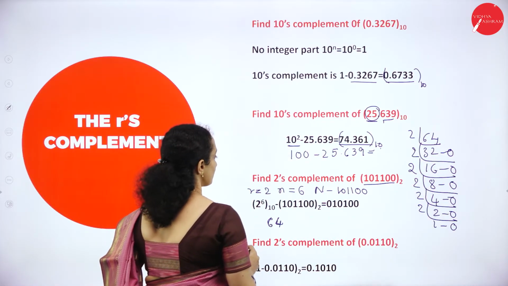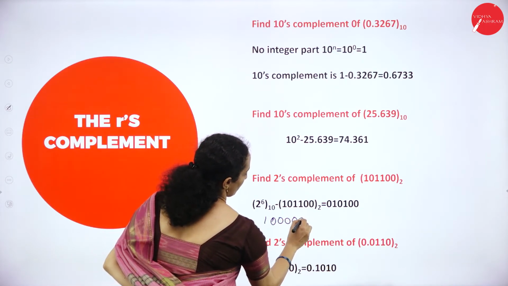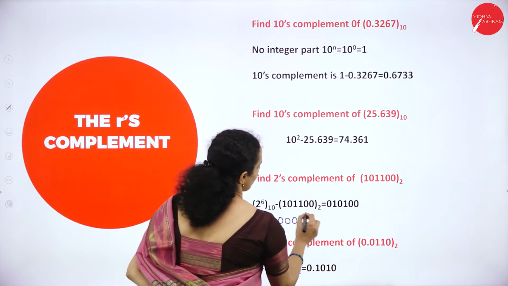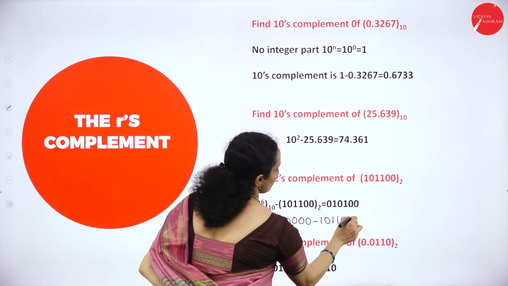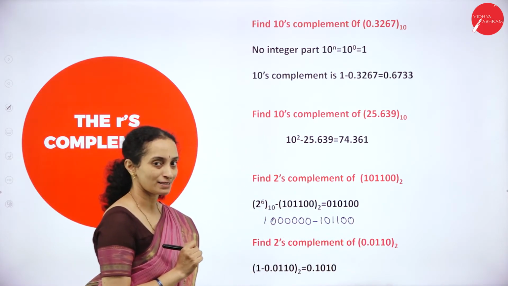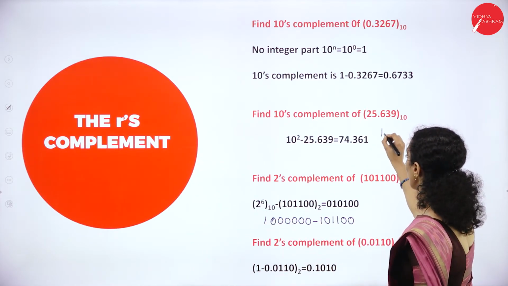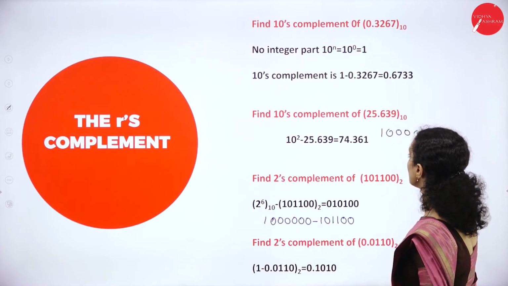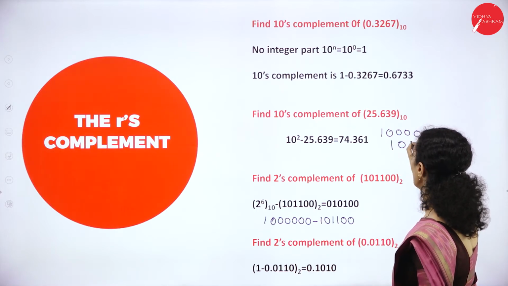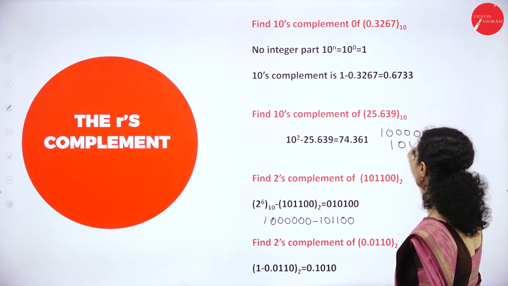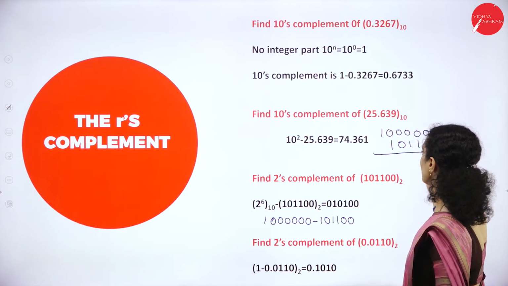So the subtraction will be 1 followed by 6 zeros minus 101100. Do you remember the subtraction operation with binary numbers? Okay, the result starts with 0, 0.